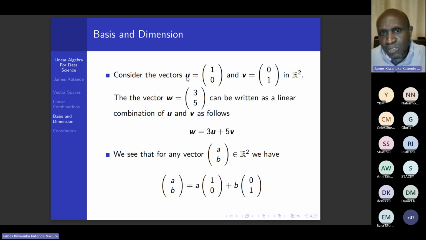In other words, it's not possible to write any of them as a multiple of the other. And also observe that any other vector in R2 can be written as a linear combination of these two vectors. We have used this one as an example. 3, 5 can be written as 3 multiplied by U plus 5 multiplied by V.